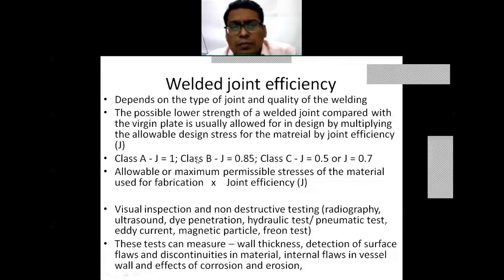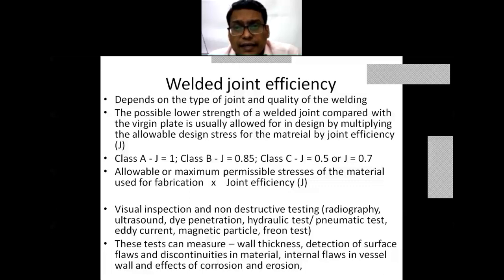So the possible lower strength of a welded joint compared with the virgin plate is usually allowed for in design by multiplying the allowable design stresses for the material by the joint efficiency.